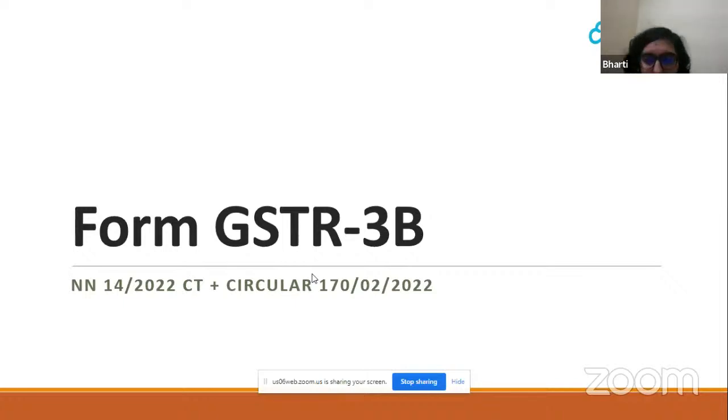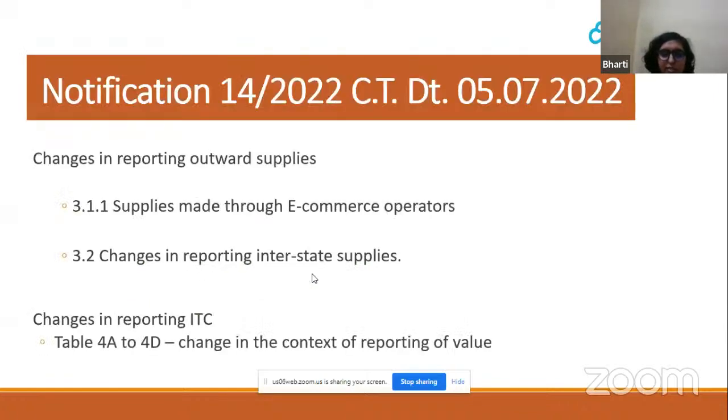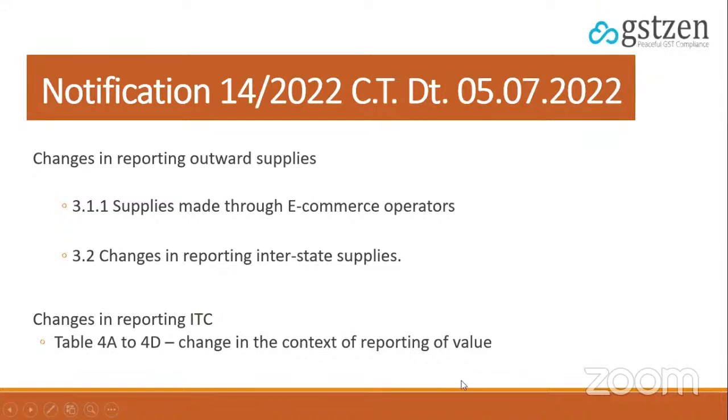What information goes into GSTR-3B? First is the summary of outward and inward supplies. Summary of outward supplies is table 3. The new table which is introduced, table 3.1.1, is for supplies that are made through e-commerce operators. Bharti, your slides are not moving. Sir, I'm not okay, 1 second. I'm just talking about 3B in general right now.